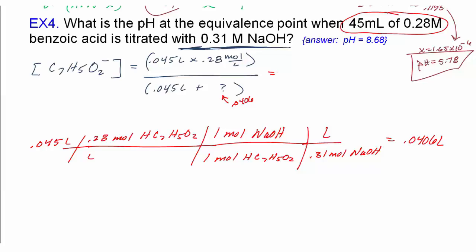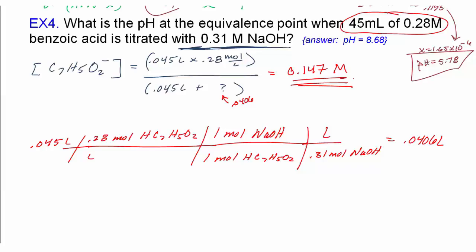So the initial concentration is about 0.147 molar. Okay, there's my starting point, so I can make my ICE table.